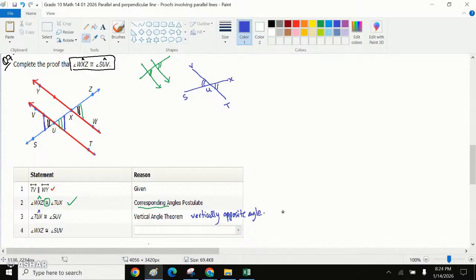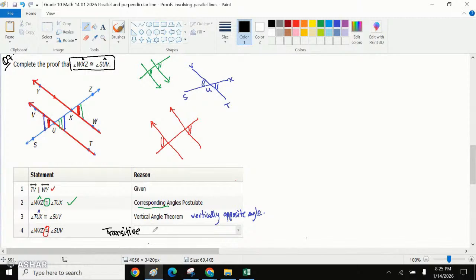What we need to find is the missing statement and the reason for the missing statement. It says WXZ, this given angle, is equal to SUV, to this angle. So if we draw it separately over here and we show that we have pairs of two parallel lines, what they are saying is this angle and this angle should be equal, right? Let's see how they can be equal and what they are called. We just did this in the previous question. That was the transitive property of congruence.